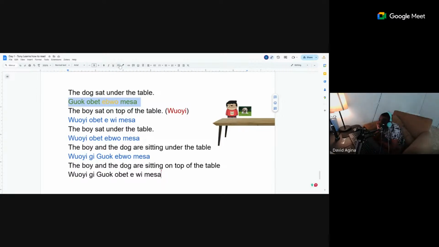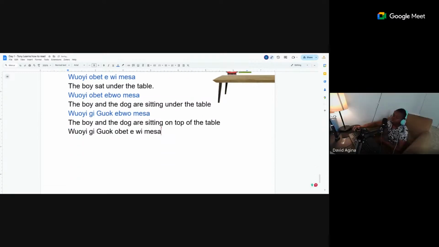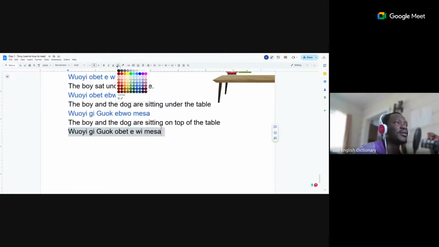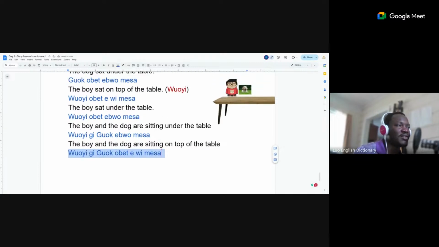Did you get it? Can you read it aloud? Woi gi gwok obet ewi mesa. Good. So now we know if there are two things on top of the table, then you will say ewi mesa. If it's under the table, you'll say ebuo mesa.